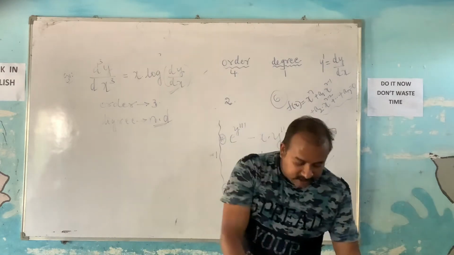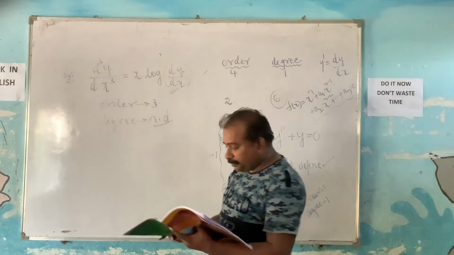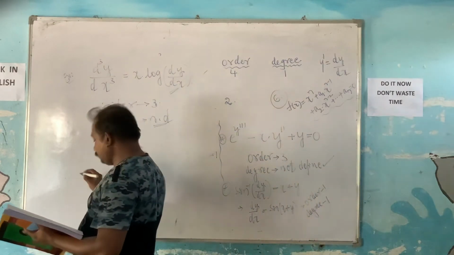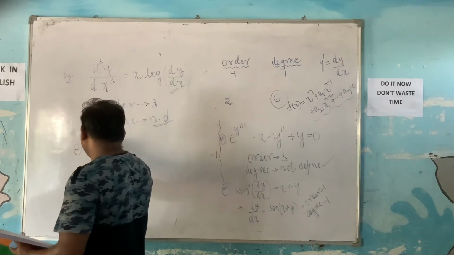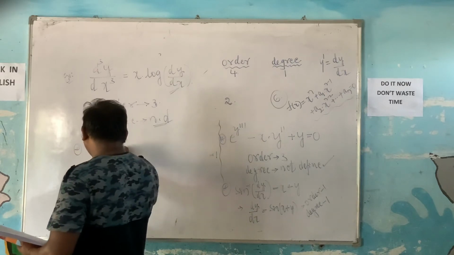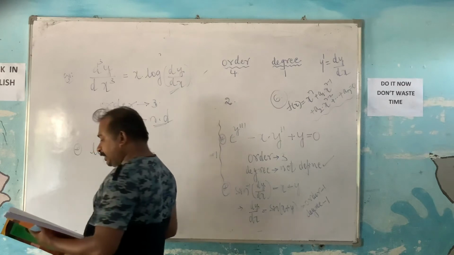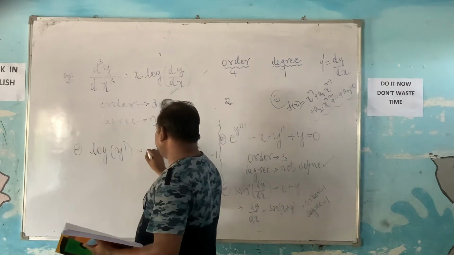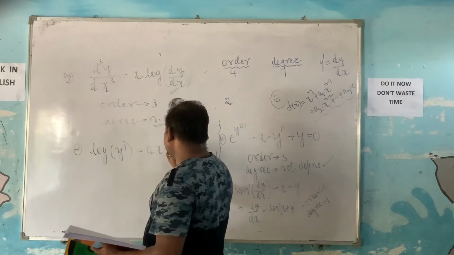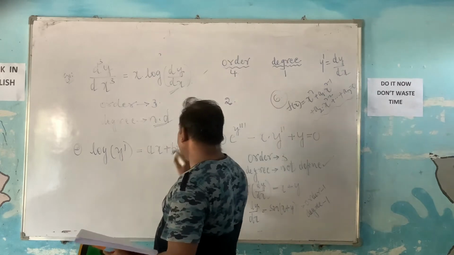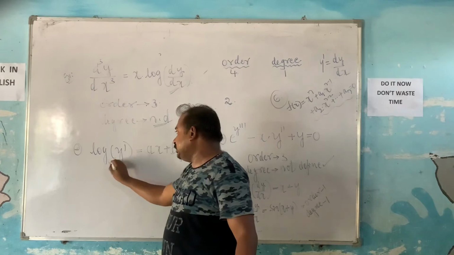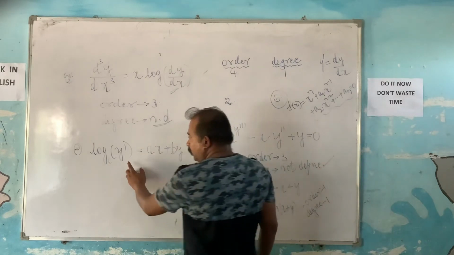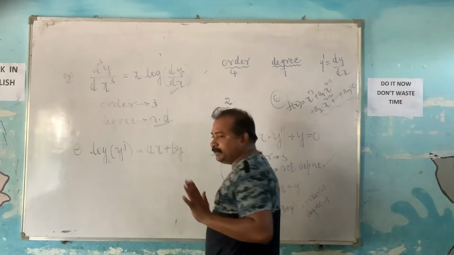Okay. One more example I will give. Here the example is logarithm of y dash equal to ax plus by. Logarithm of y dash, of course to the base e, equal to ax plus by.